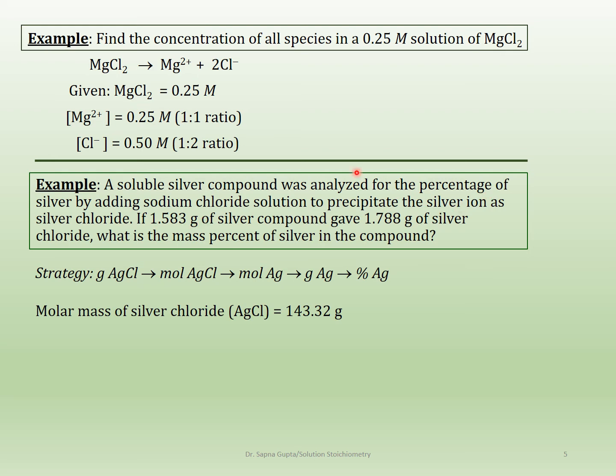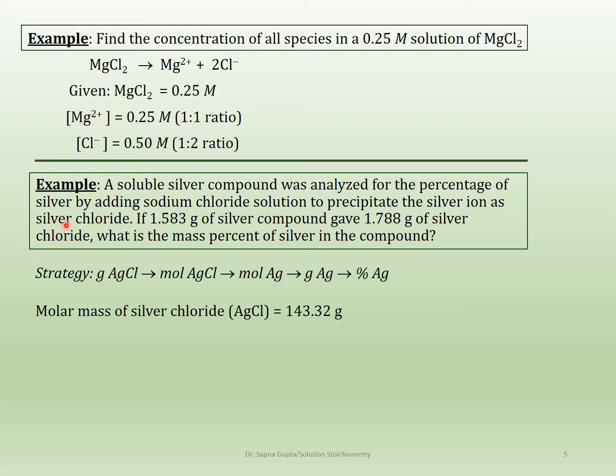We are not told how much sodium chloride is being added, which means that it is not part of the equation. We don't have to worry about it, okay? All we need are these two numbers to work with, which is 1.583 of any silver compound, we don't even know what that is, okay? So which means that we have to start with 1.788 grams of silver chloride.